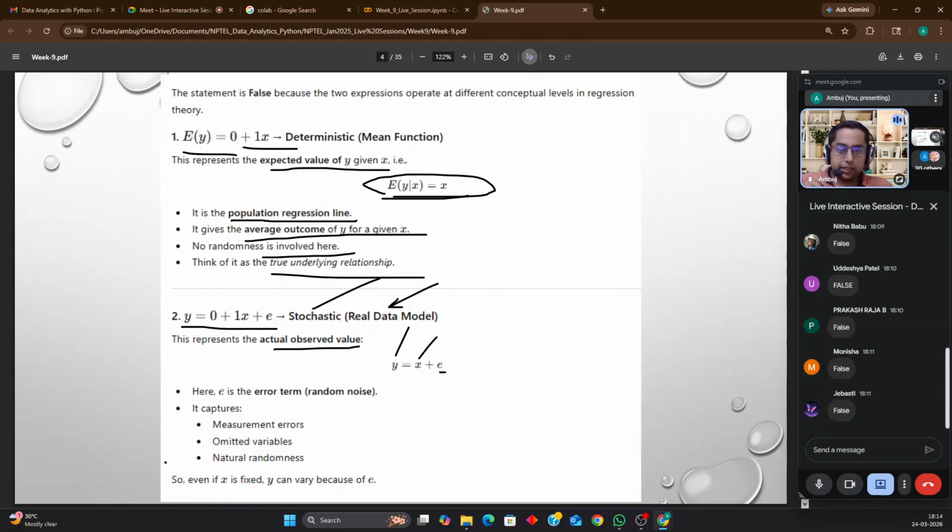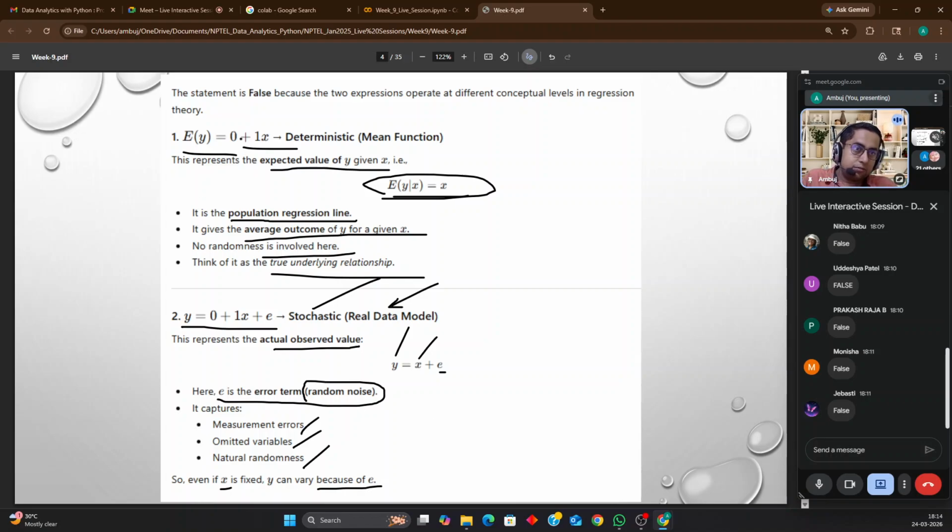E is your error term, or the random noise, which we have incorporated here. It will try to capture your measurement errors, omitted variables, natural randomness. So even if your x is fixed, y will vary because of this particular e.